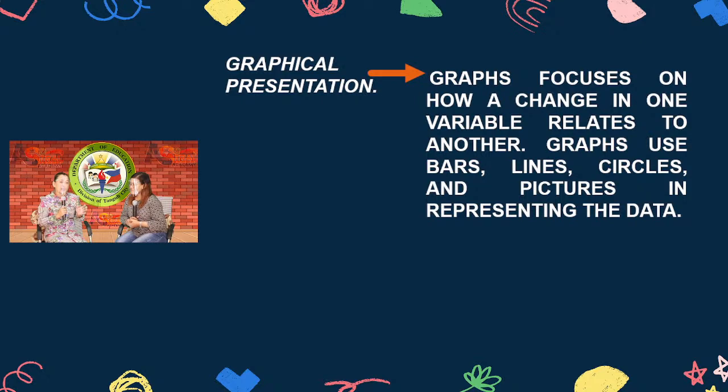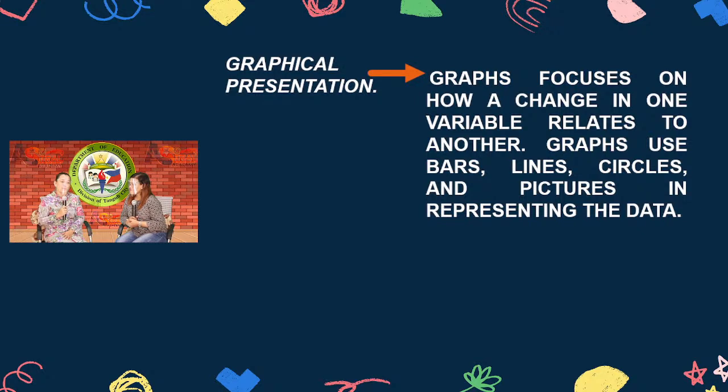In interpreting the graph, it is the same process as in the table that Ma'am Sherry mentioned earlier. In choosing what type of graph to use, you are going to determine the specific purpose of the presentation. So we don't just choose because we like this line graph. There should be a specific purpose.